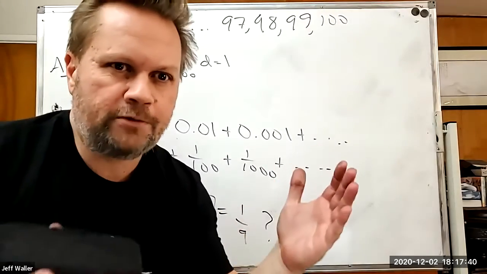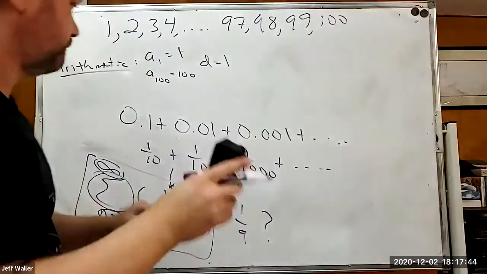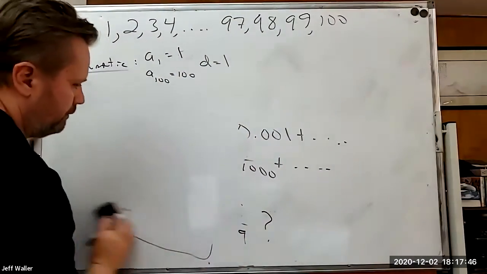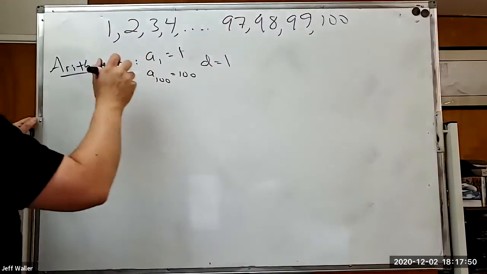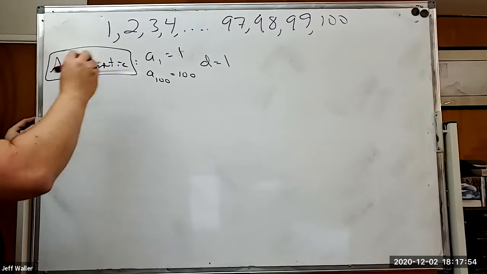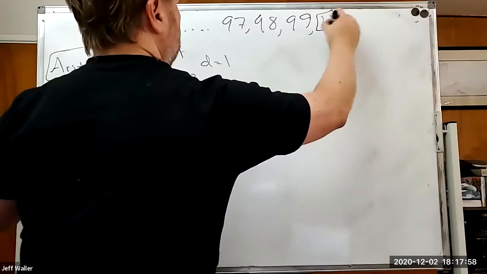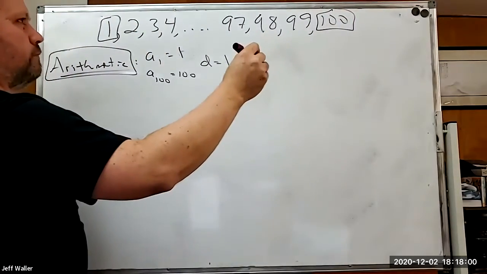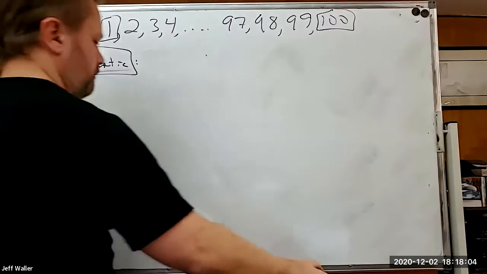One theory is a time traveler came back and gave him a calculator, but that didn't happen. I don't know if anybody knows the shortcut for this type of sequence. It works for every arithmetic sequence. Somebody tell me, what is 1 plus 100? 101.